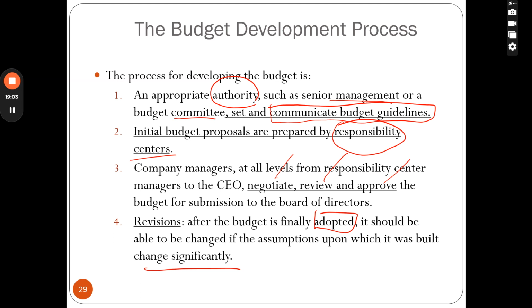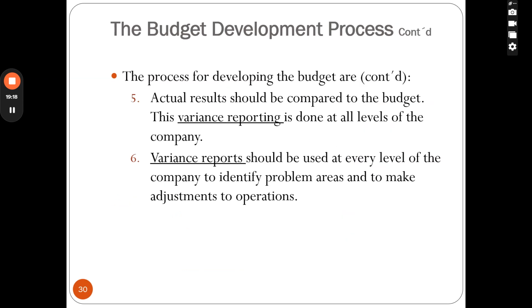But you made the budget based on some assumptions, right? Now after some time you come to know that the assumptions on which we made the budget have changed. So we should be able to revise the budget. And once the budget is prepared, actual results need to be compared with the budget, and we have to prepare variance reporting.